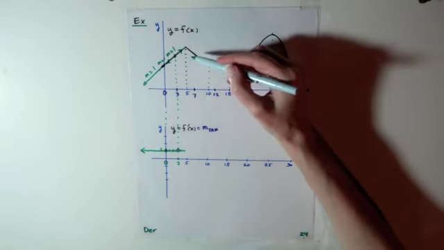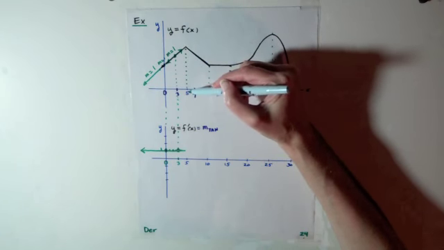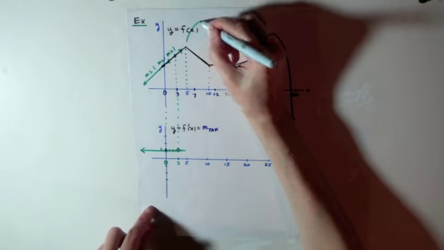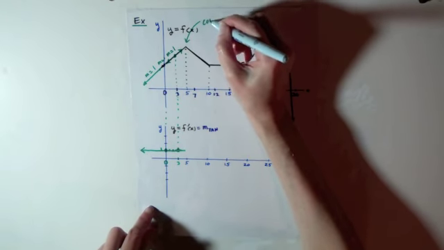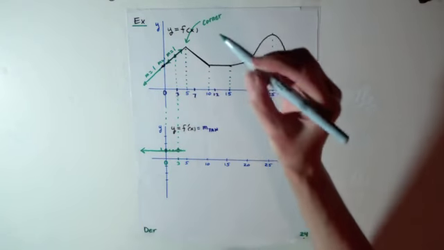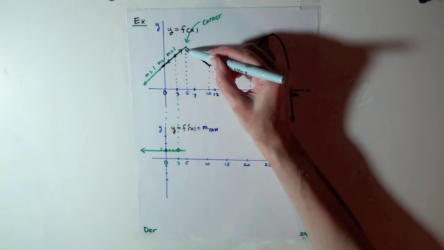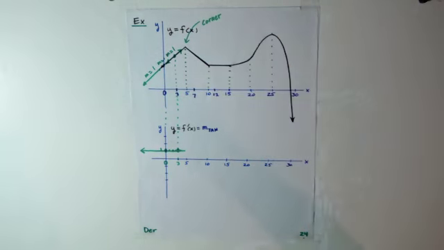Okay, let's think about what happens at 5. Now at 5, you notice that what we have is a corner. And what did we say about f prime of x when we're at a corner on the graph of y equals f of x? Remember we said that is a point where we have trouble.